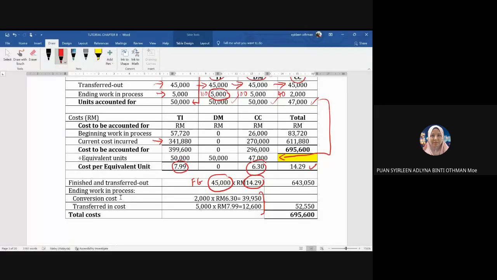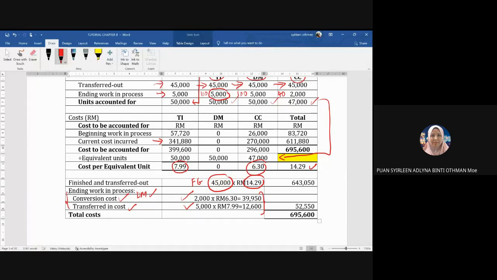Betul lah? Sebab direct material kita kosong. Sepatutnya ada satu lagi kat sini kan, direct material. You have direct material, conversion cost and transfer in. Tapi sebab direct material you kosong, tak perlu kira lah. So you cuma ada conversion cost and then you ada transfer in cost. Supposednya Department 2 dia mesti ada 3.